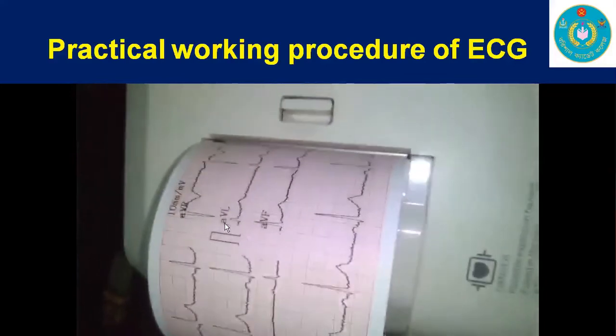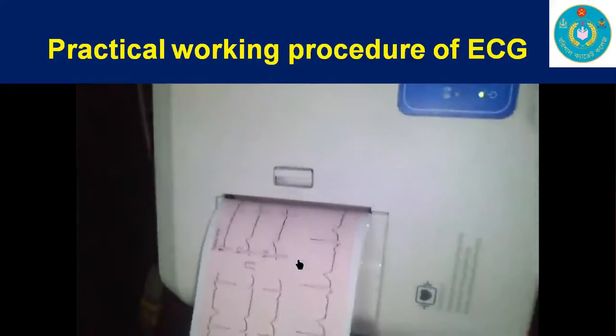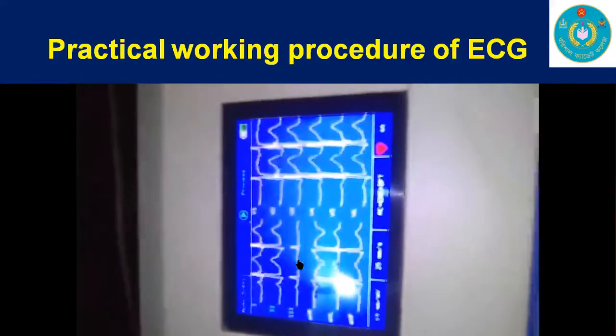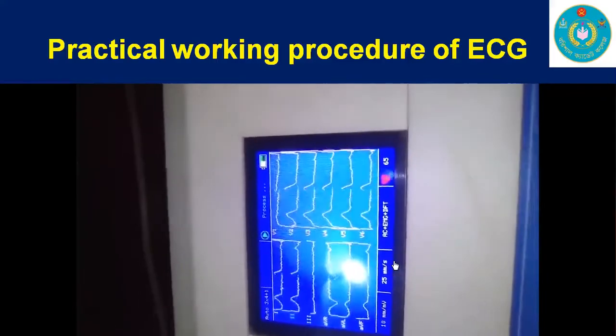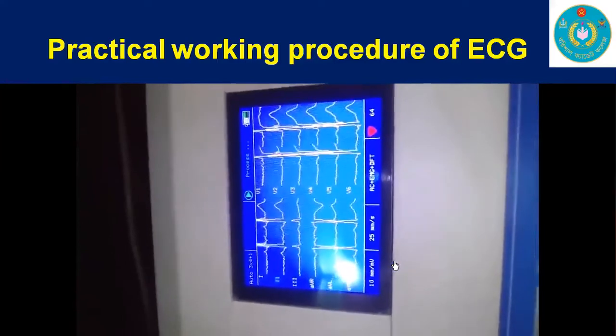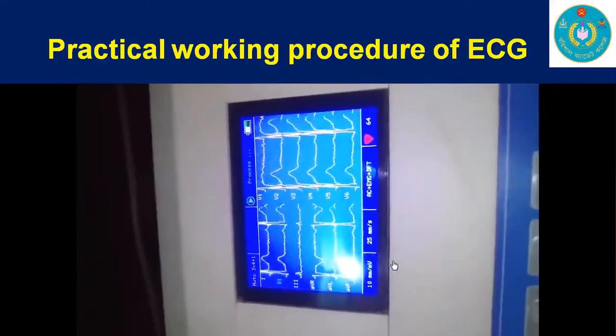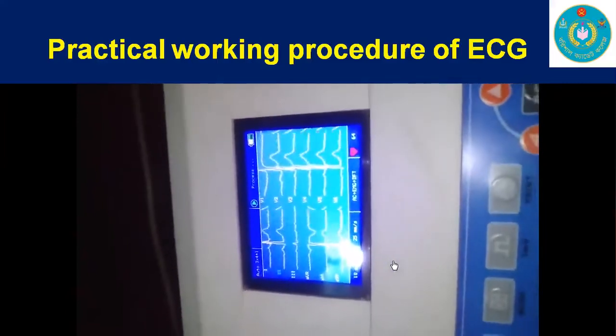That is the printed form of the electrocardiogram, and this is the pulse from two hands, two legs, and six on the heart adjacent area of the chest. With this, we get the signals printed, and it is called an electrocardiogram.